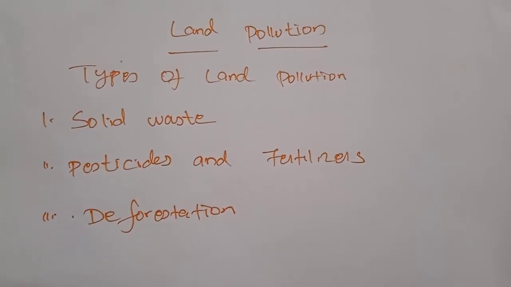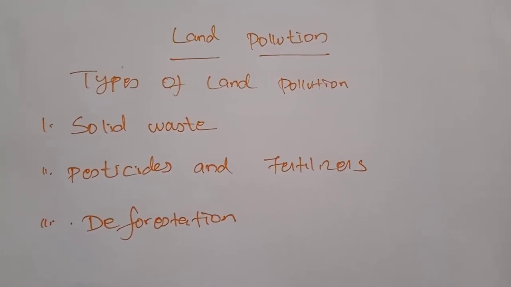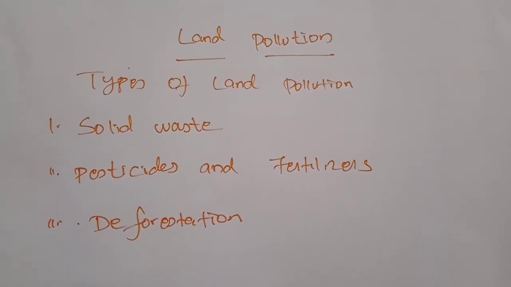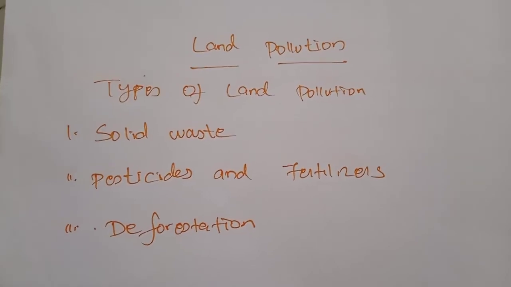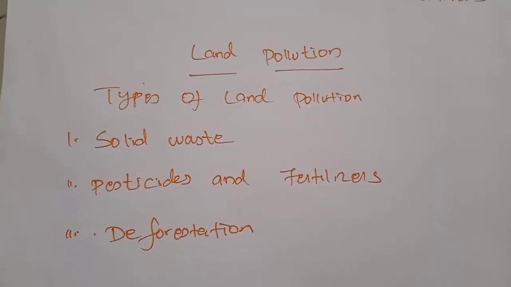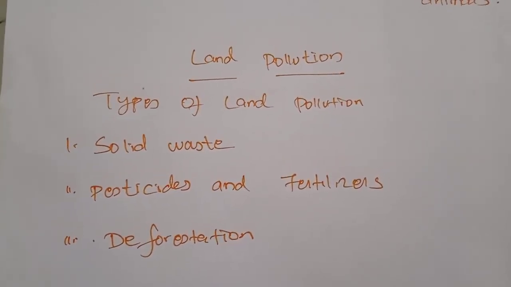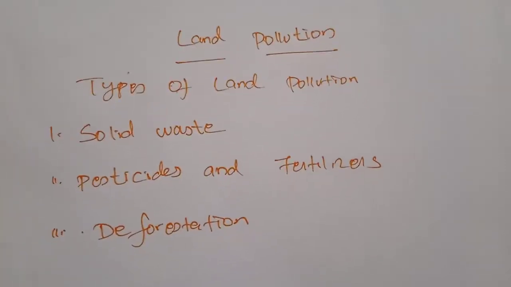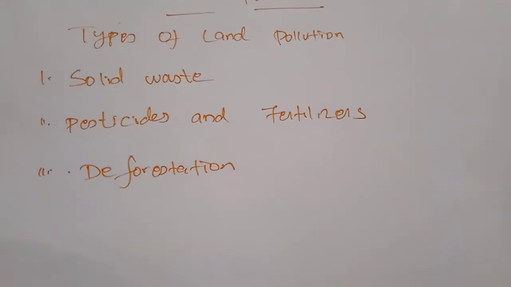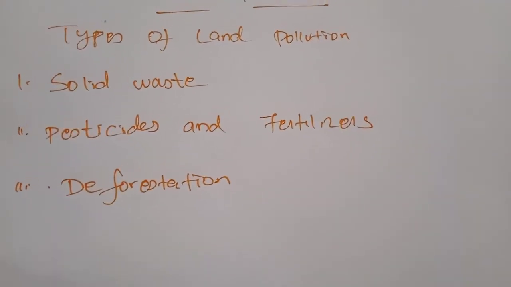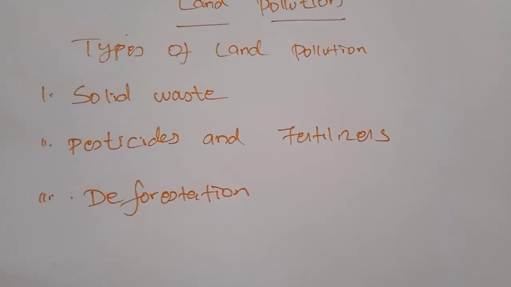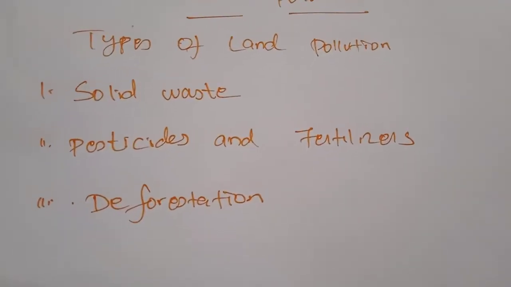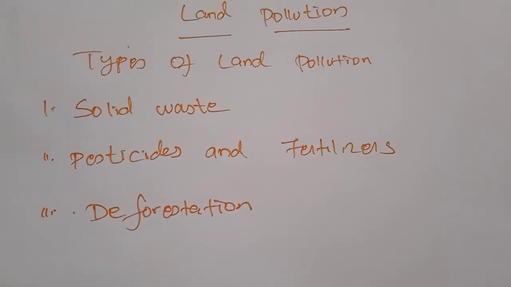First one is solid waste. Solid waste includes all kinds of rubbish like paper, plastic containers, bottles, cans, food waste, broken electronic goods, municipal waste and hospital waste. Because of all these types of solid waste, land becomes polluted.